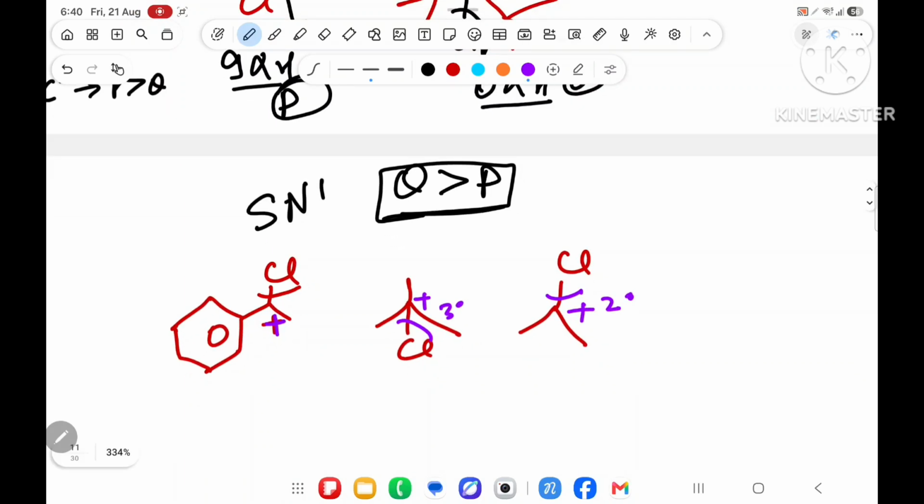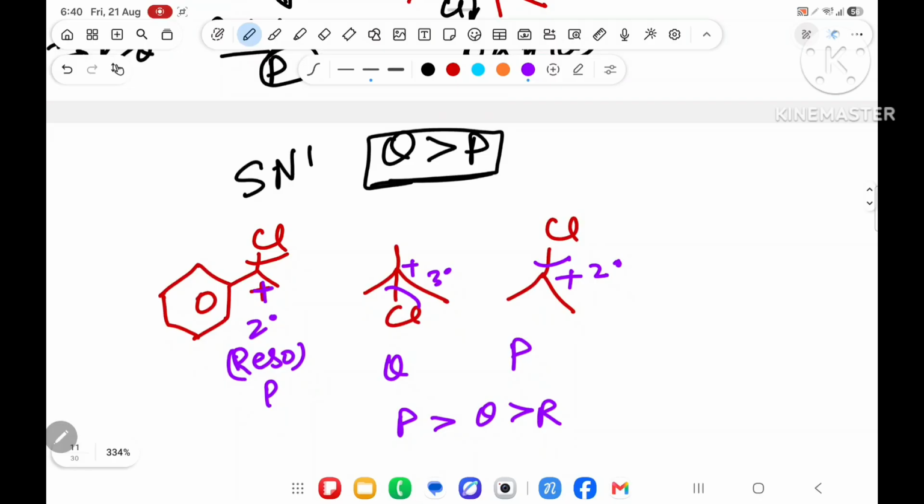Now over here it is 2 degree, but resonance stabilized. The P, Q, R: you will say P will be more, then Q, then R. Over here 9 alpha hydrogen, over here 6 alpha hydrogen. Understood or not understood, everyone? Yes sir, understood.